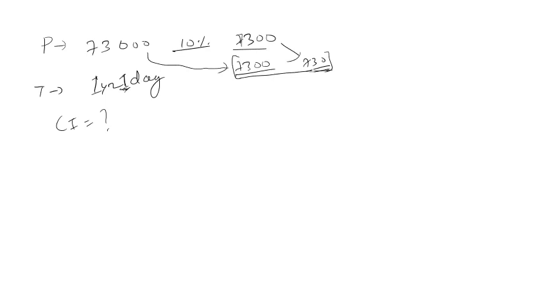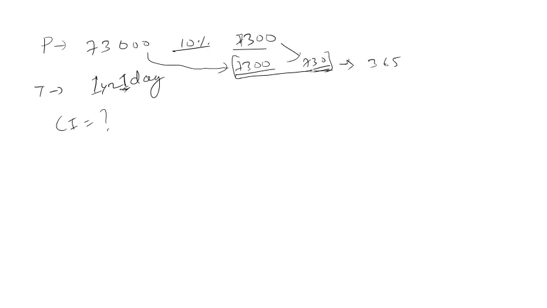In 1 year, how many days do I have? I have 365 days. And one more thing, you should not think of this as a leap year or non-leap year. Don't think that way, because leap year is a special case. If that is asked, then it would be mentioned in the question. For the general scenario, we have to assume a year is 365 days, right? So for the second year, 365 days, the interest is 7,300 plus 730.